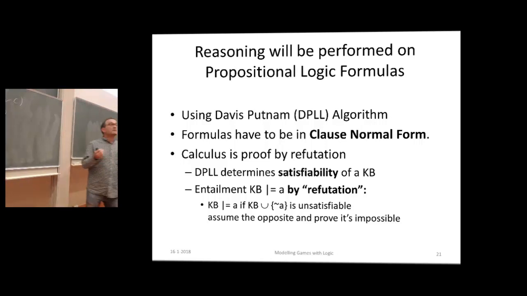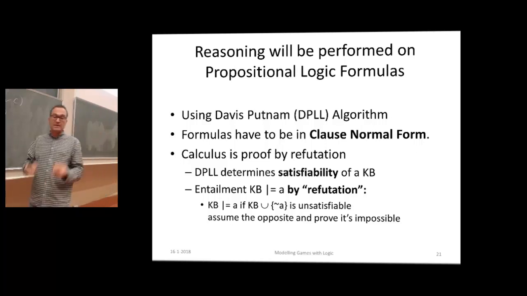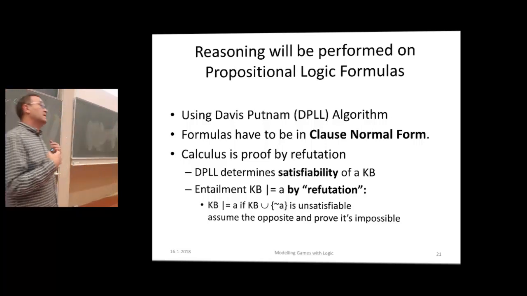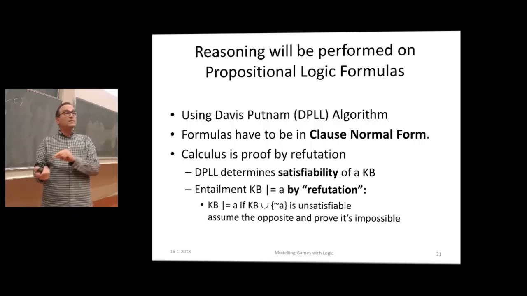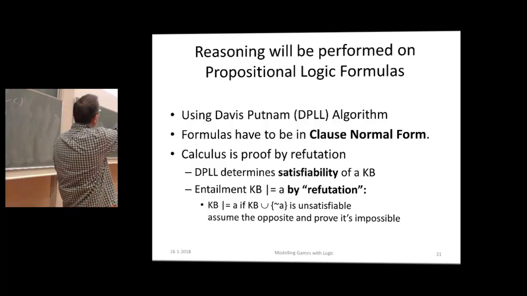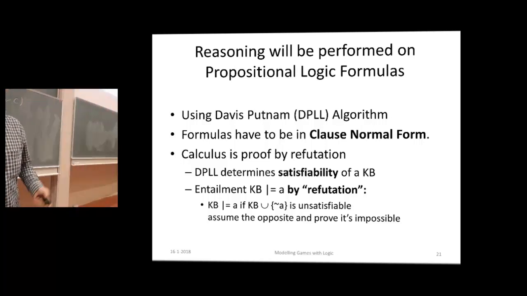And then the method that is used is a proof by refutation, because this Davis-Putnam procedure determines whether a knowledge base is satisfiable, whether there is a model. And there is a relation between satisfiability and entailment, namely: if you add the negated fact to your knowledge base and you check the satisfiability, and the result is that it's unsatisfiable, then you have proven entailment. So let me write that down properly.